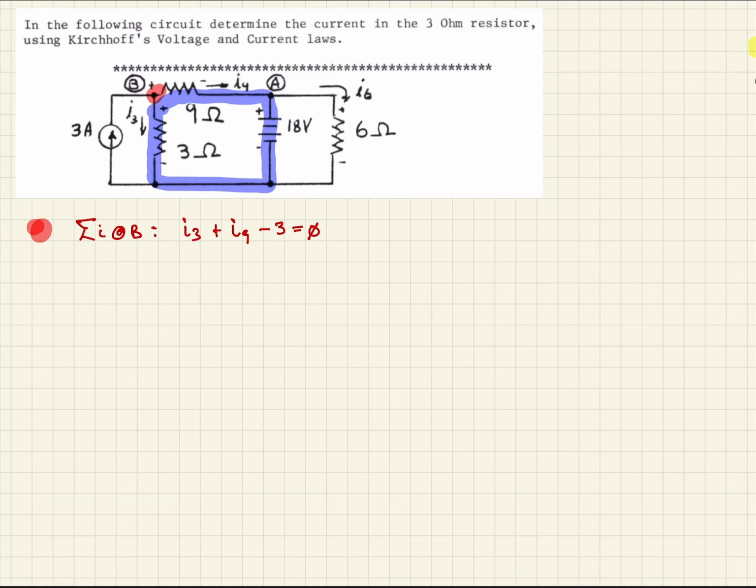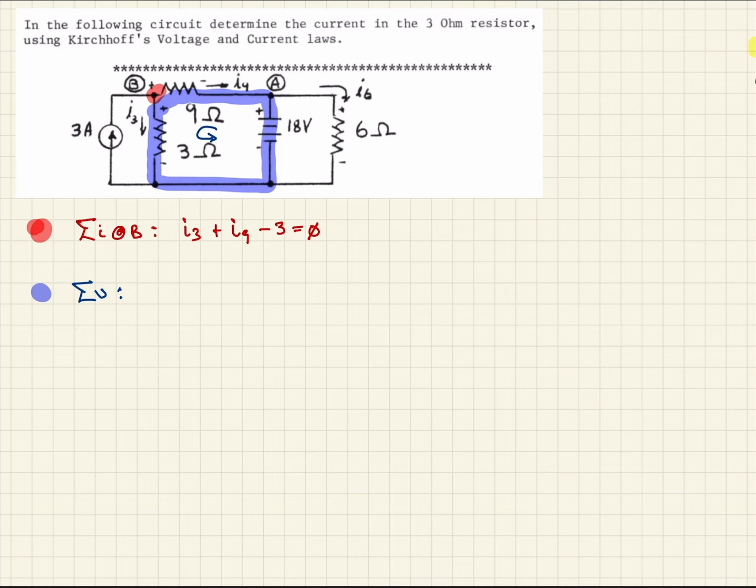And to set our convention, we're going to say that we're going to go counterclockwise around the loop. That's positive. Okay, so again, we want to sum up the voltages this time around our loop.